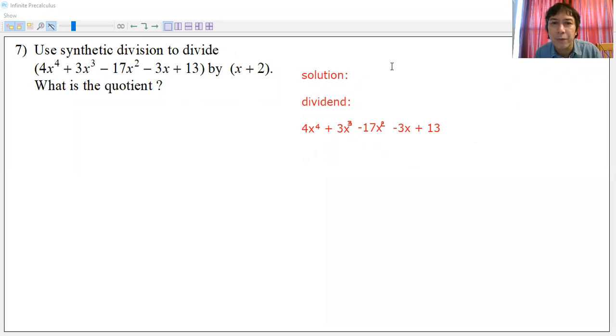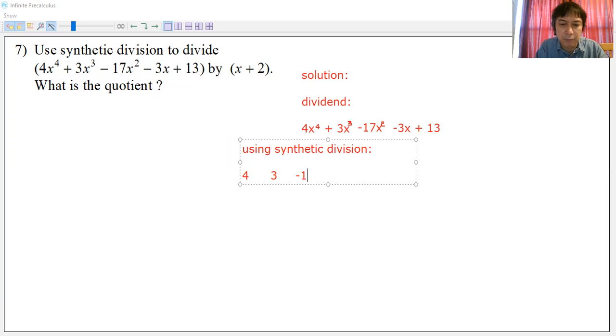So synthetic division now. Solution by synthetic division. All right, coefficients are 4, 3, negative 17, negative 3, positive 13. Trial divisor will be over here.